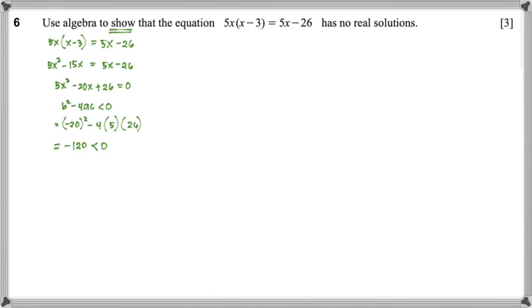Therefore, it has no real solutions, because negative 120 is less than 0. Or maybe you can just write here "shown," because you have proven that it's actually less than 0. And that's 3 marks already.